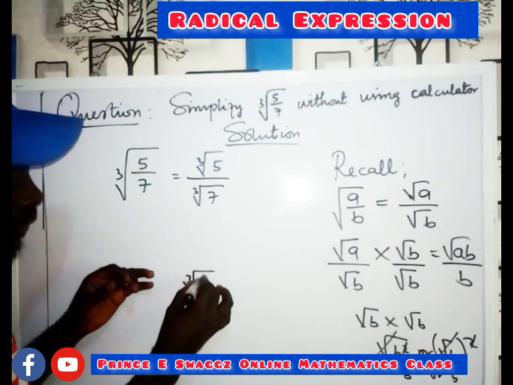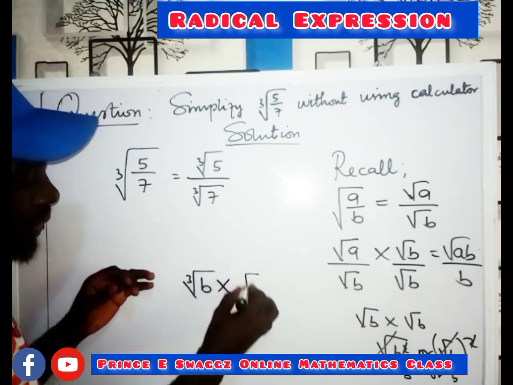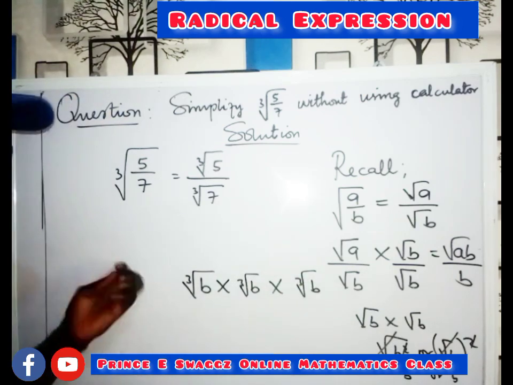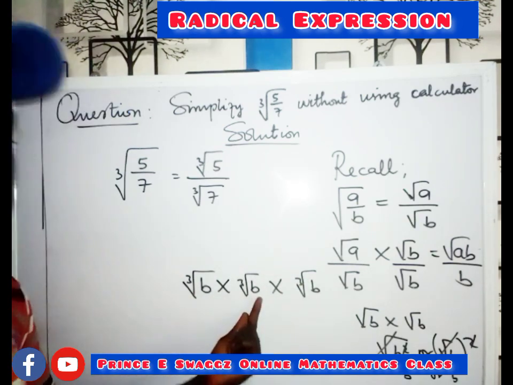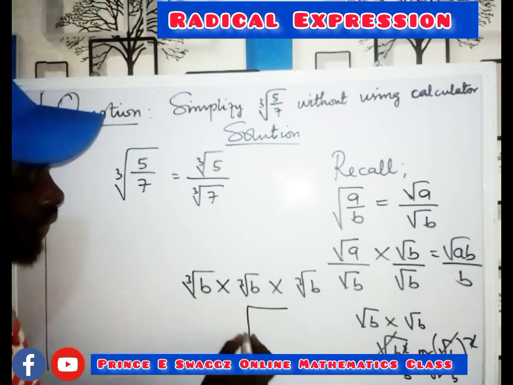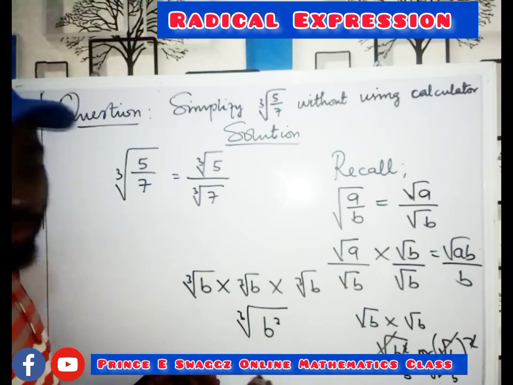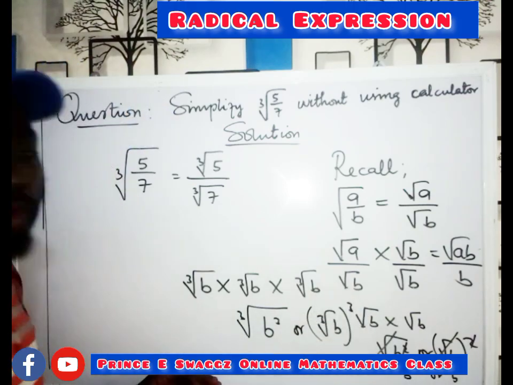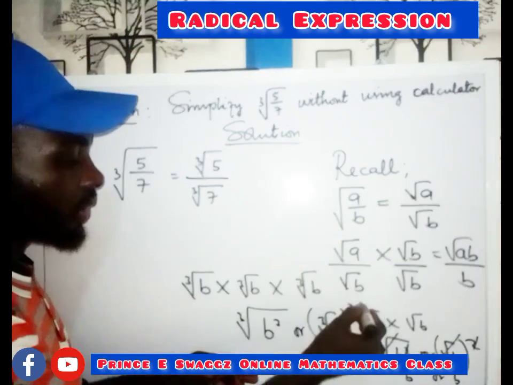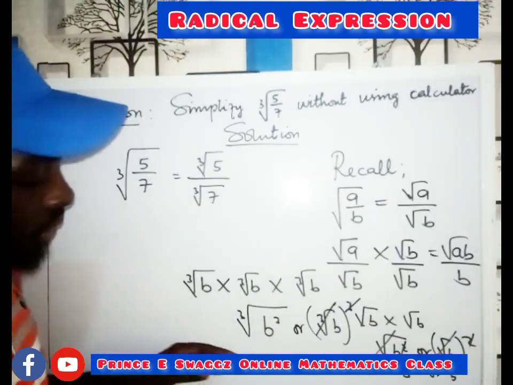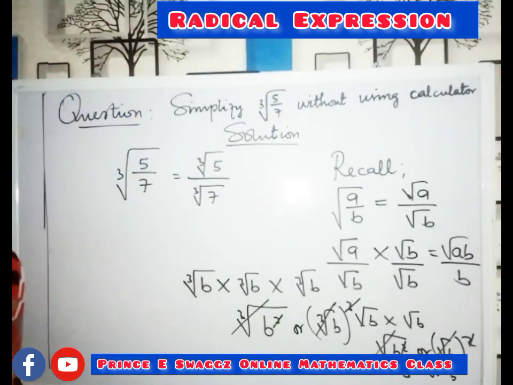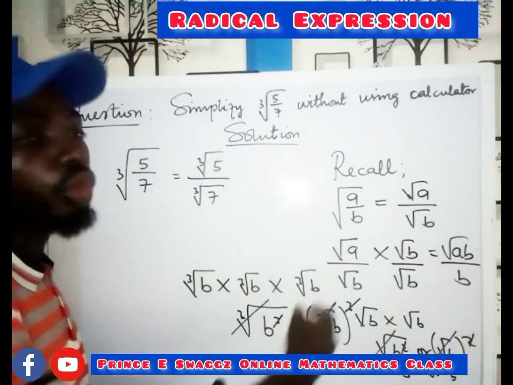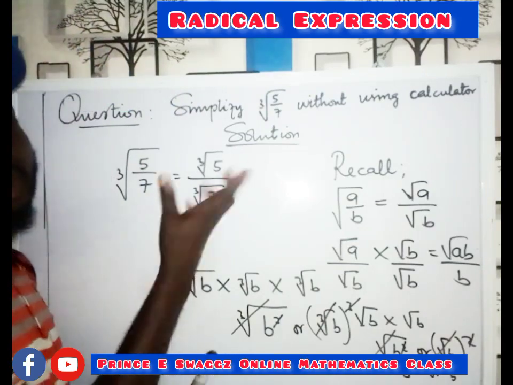If you have the cube root of b times the cube root of b times the cube root of b, it is going to give us the cube root of b cubed, or the cube root of b all raised to power 3. Then the cube cancels the cube root. So for us to rationalize this, we need to multiply this 3 times.